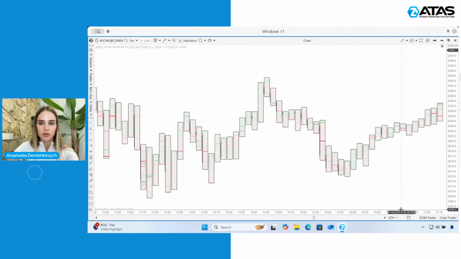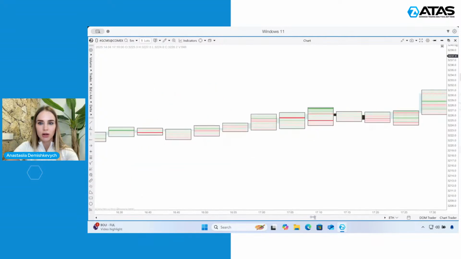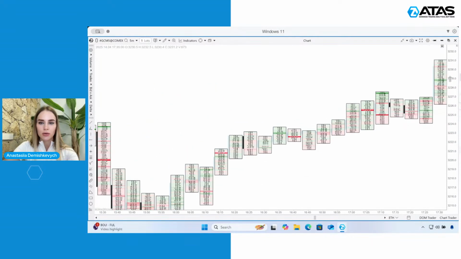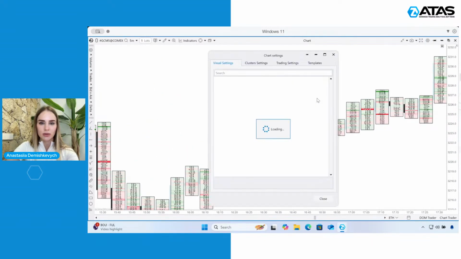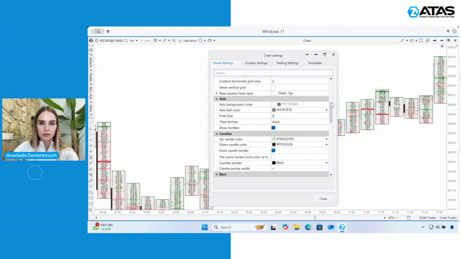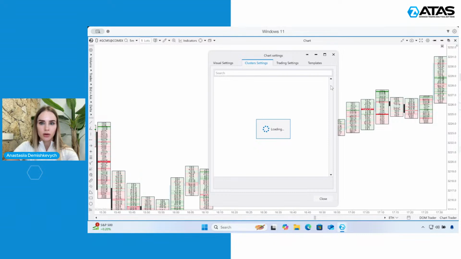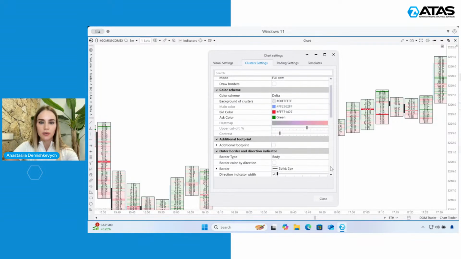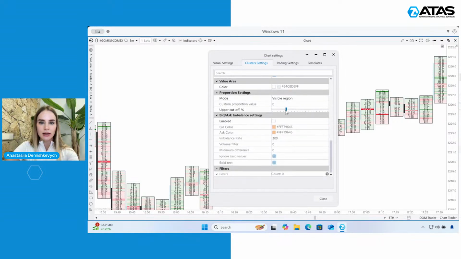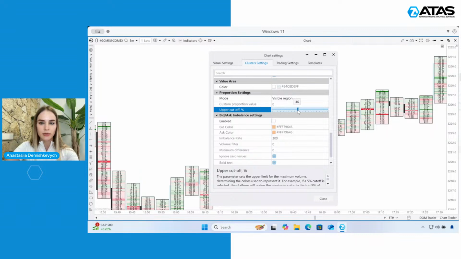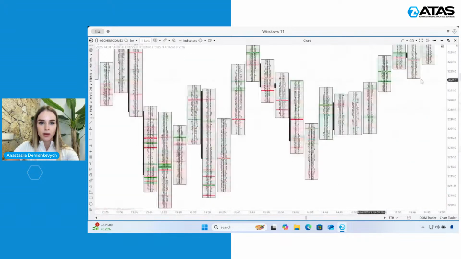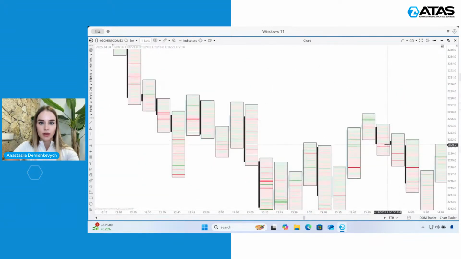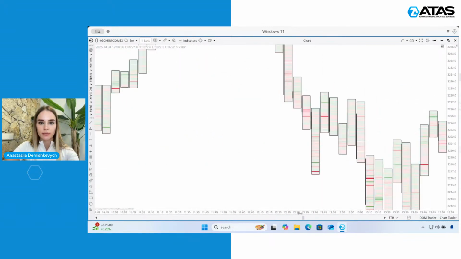And I might need to switch my settings here to accommodate the previous volatility of the market. I'm going to put my upper cutoff slightly higher so we can actually see more of what is happening in the charts.